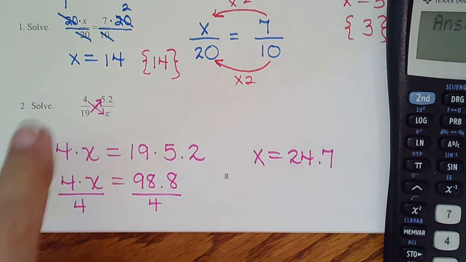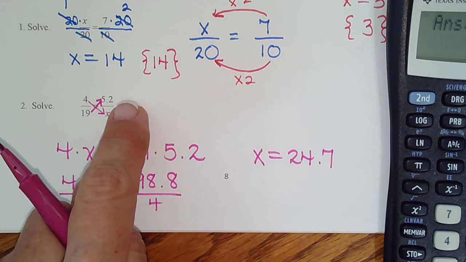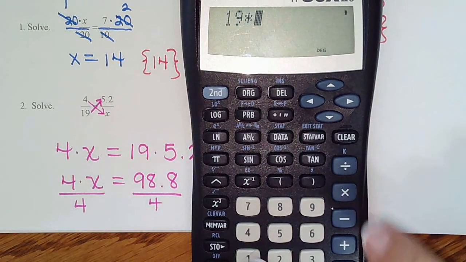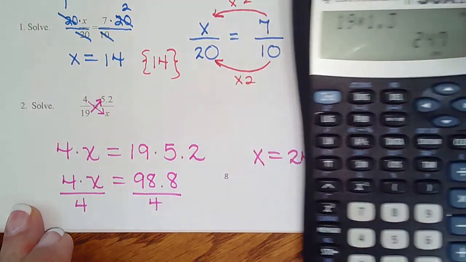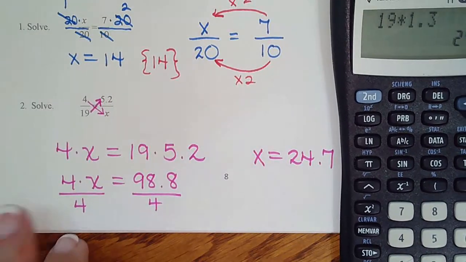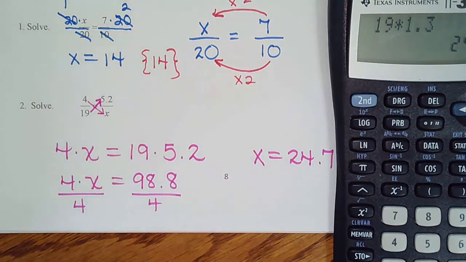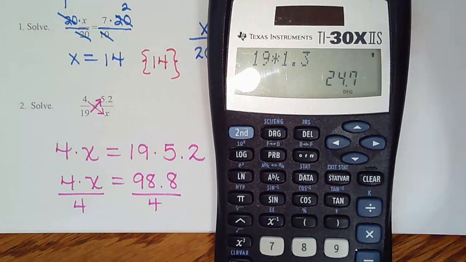And remember how I said I think this is times 1.3 to get the 5.2? Well, let's look at what 19 times 1.3 is. Ding, ding, ding. Same answer we just got. So that would be the scalar multiple is 1.3, but like I said, I don't think a lot of people would recognize that.